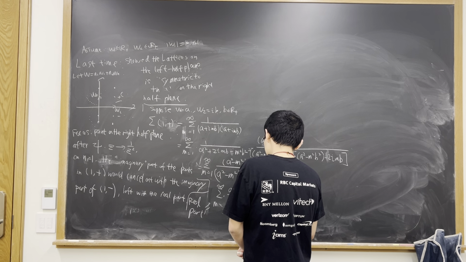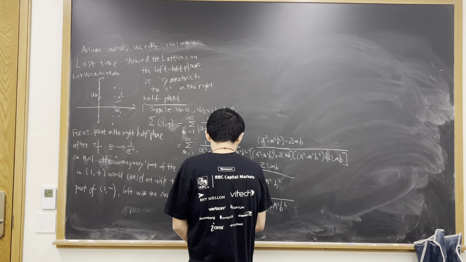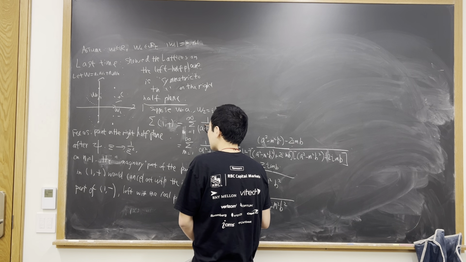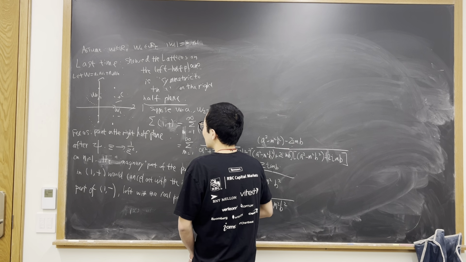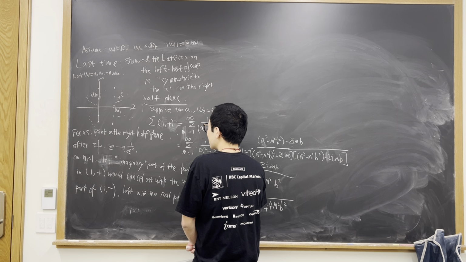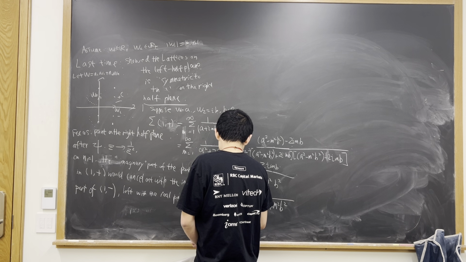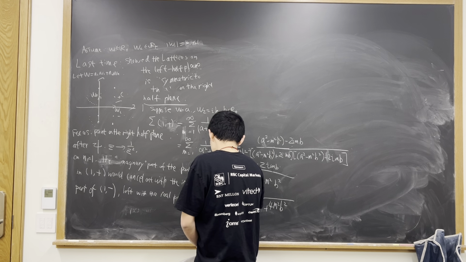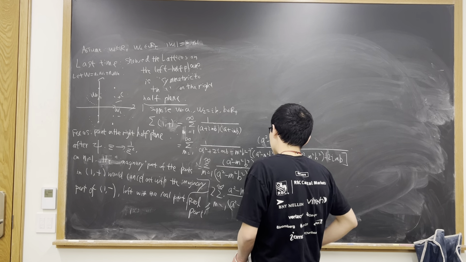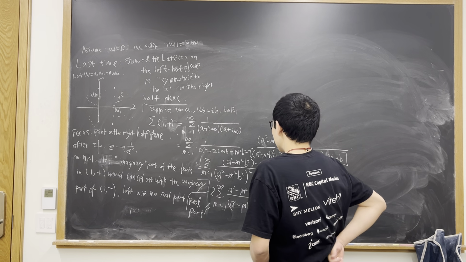Actually, for the negative part, because here all the m are in terms of m squared, for each m it will be added, right? So for each m it will be the same as the real part, so it will be 2 times this one.